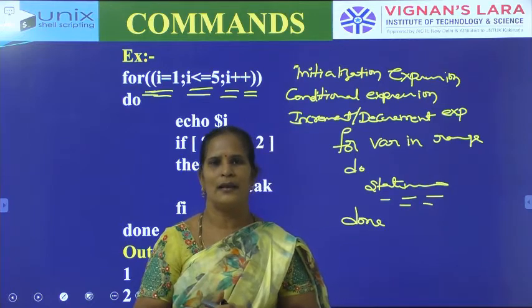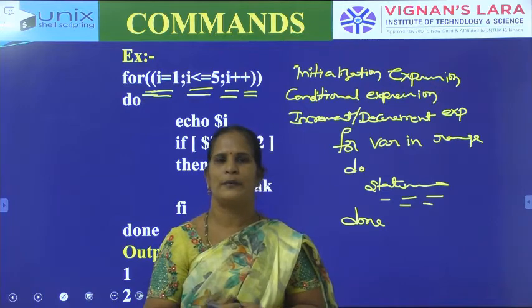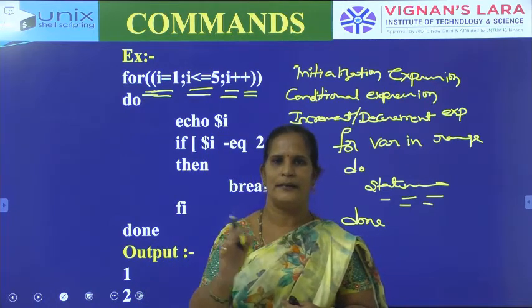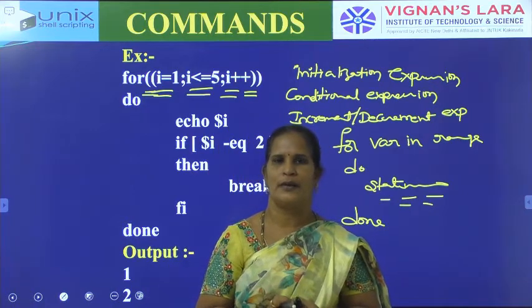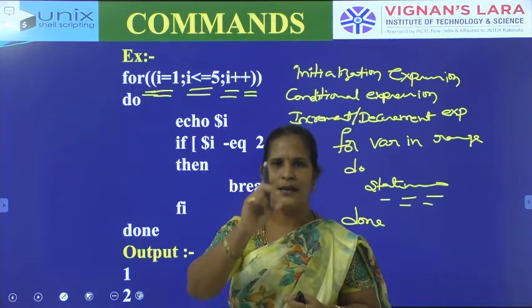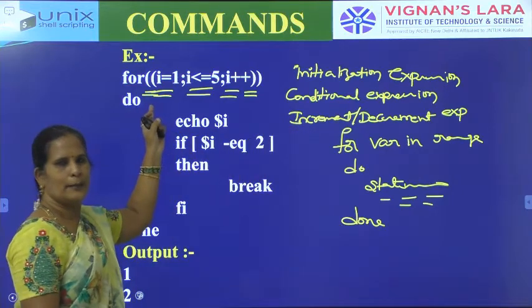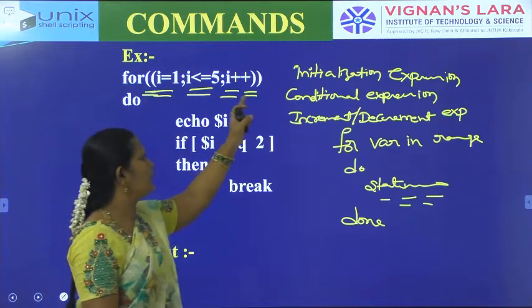Observe here, the initialization statement is i equals 1, and the final number is i less than or equal to 5, meaning i value is from 1 to 5. Next, the increment statement i plus plus means the first time i equals 1, next time 2, 3, 4, 5 like that. So i plus plus is going to increment the i value by 1.